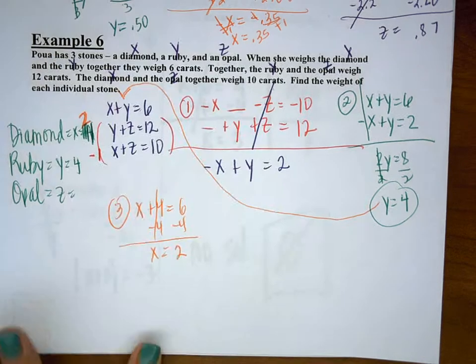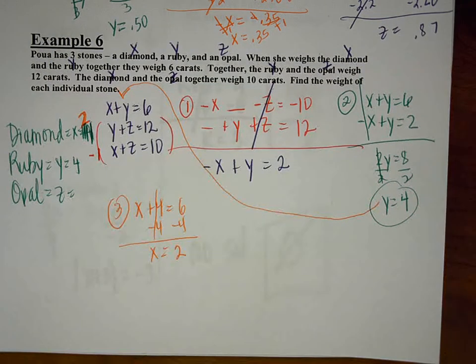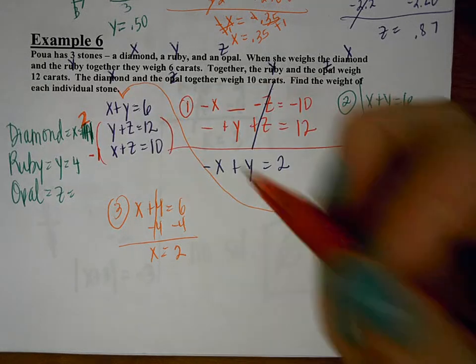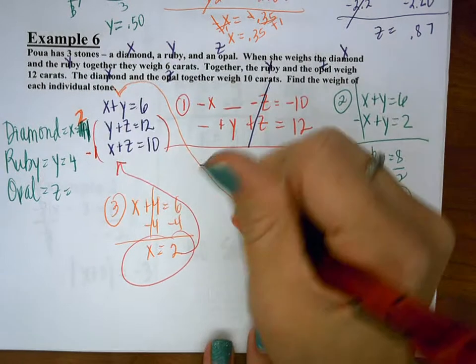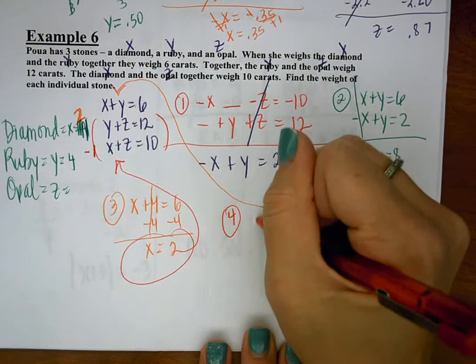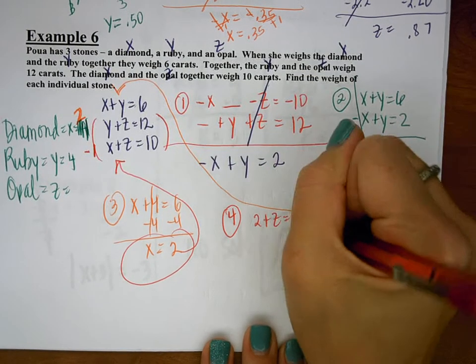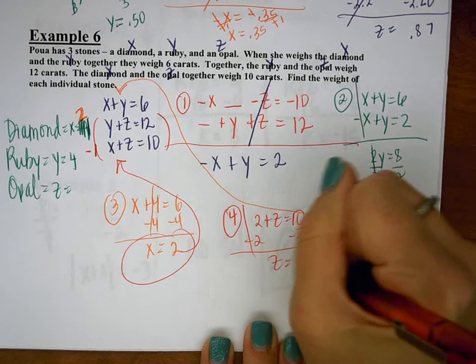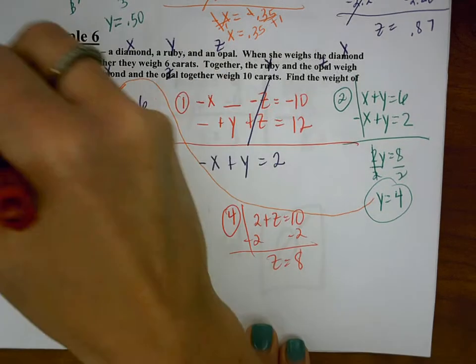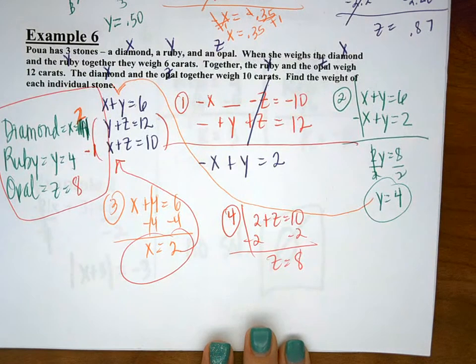And the last step is to find the z. Which would be the easiest to find z? Good. The last one, because then you just have z. So my step 4 is 2 plus z equals 10. Subtract 2, and we find that z equals 8. So we have our answers. Okay.